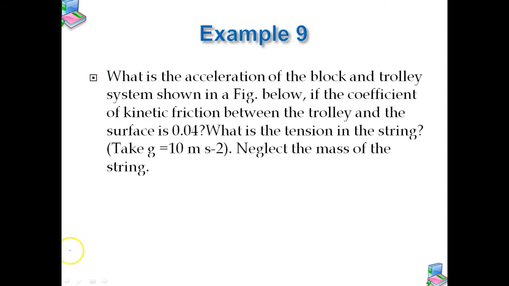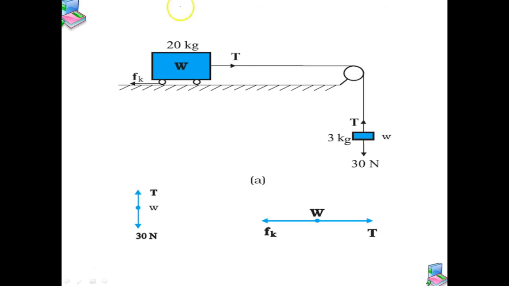Now let us consider the next simple problem: what is the acceleration of the block and trolley system shown in the figure, if the coefficient of kinetic friction between the trolley and the surface is 0.04, and what is the tension in the string? Take g equal to 10 meter per second square and neglect the mass of the string. So this is the trolley and block.